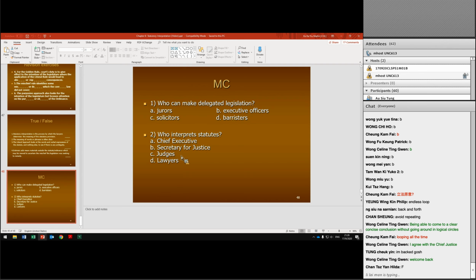So from time to time, you see that in Hong Kong, when the government is explaining the law, usually they will use a soft approach. They do not emphasize that it is the correct explanation of the law. From time to time, in leaflets published by the government, they always remind the reader to consult a lawyer in case of ambiguity or query, because the explanation of the government may not be so authoritative.